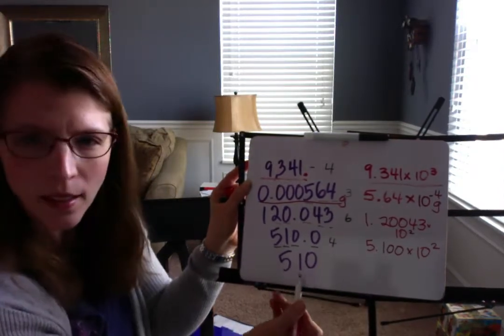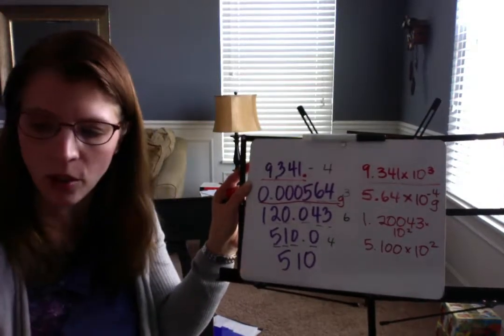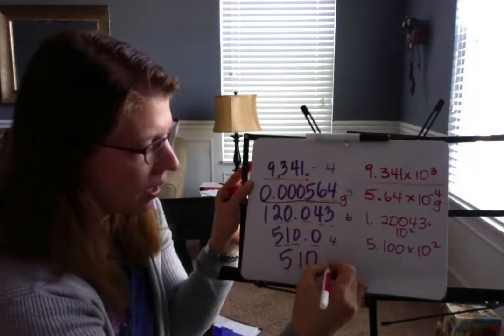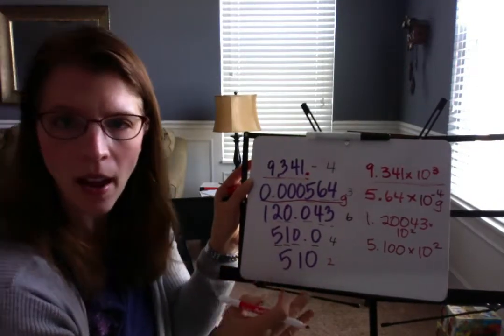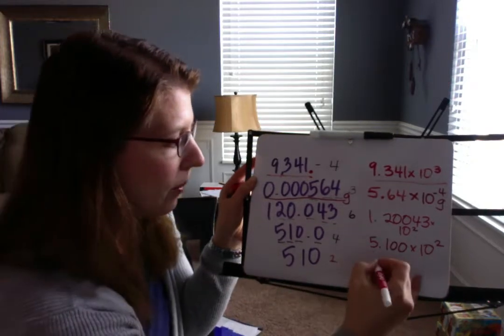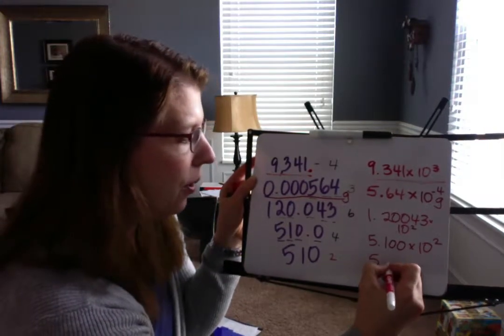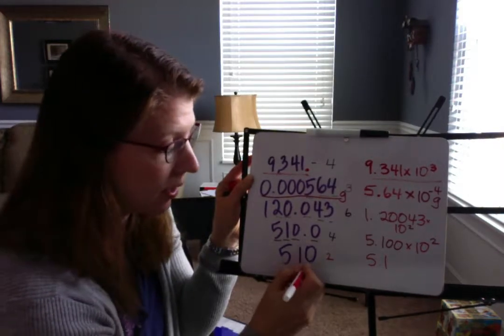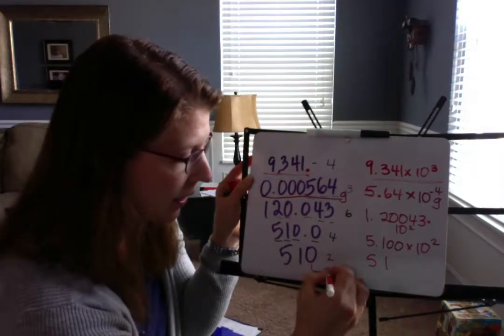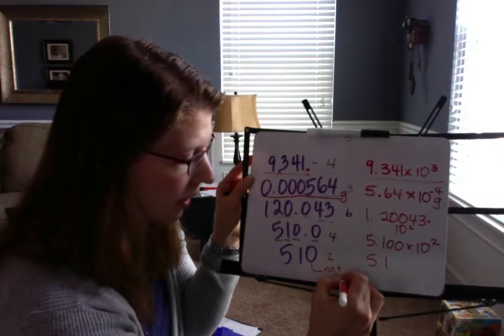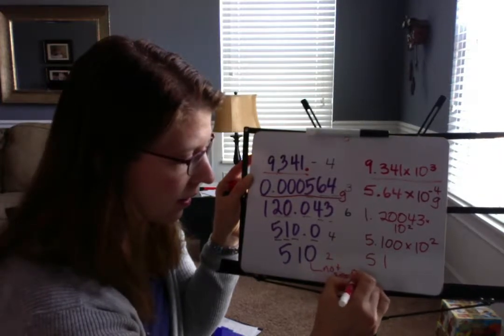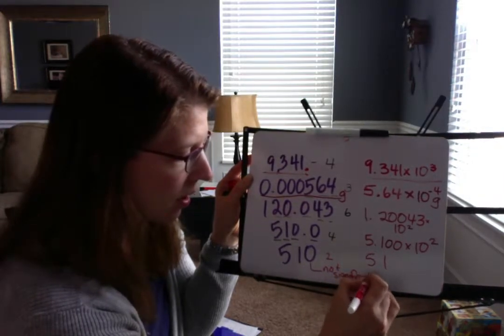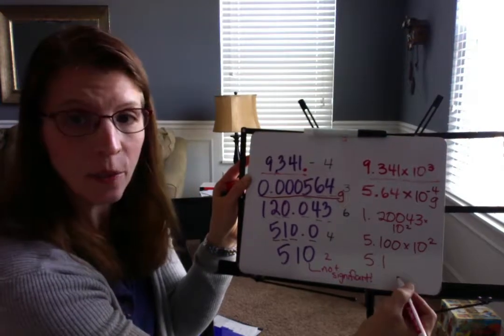Now, what about this? Okay, this only had my 2 significant figures, remember? Because there's no decimal telling me how accurate it is. So I'm going to write 5.1 with no zeros after it because this 0 is not significant. Not significant. Okay, so it doesn't get put in here.